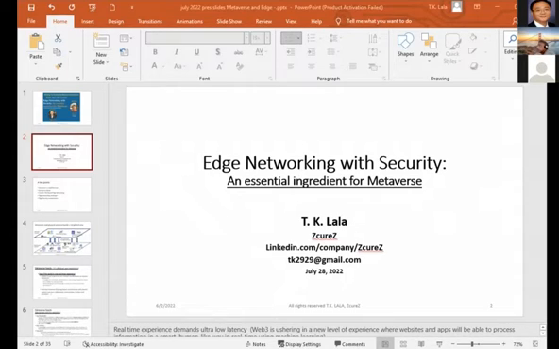Now let's go into the main objective of the metaverse. One thing is very clear: it's going to be all about an extremely good experience for the user. So the primary key is the real-time or near real-time experience. Just like we live in the physical world, we are habituated to some sort of interaction among ourselves, which we call real time, right?